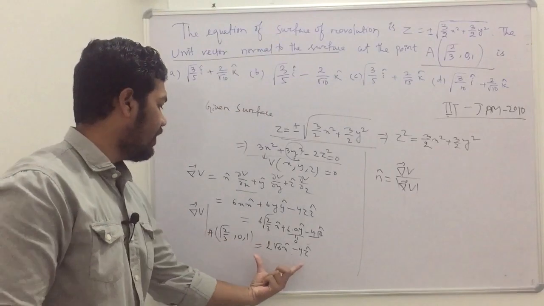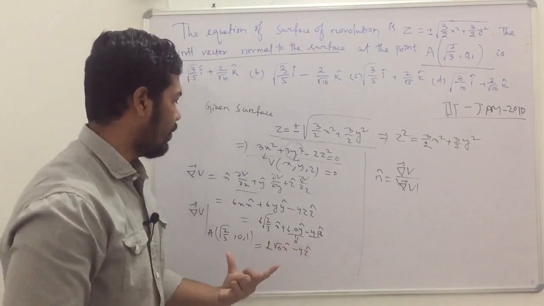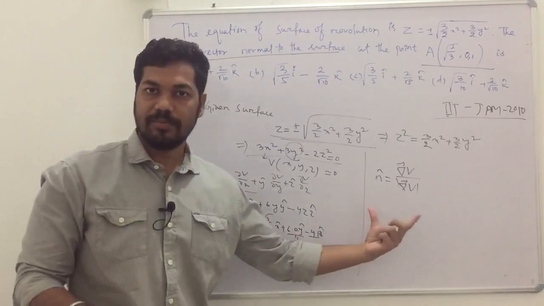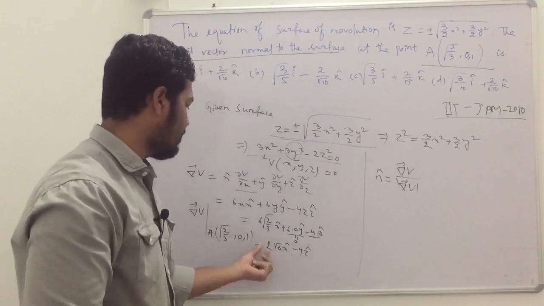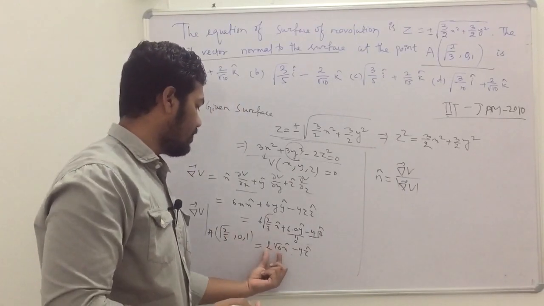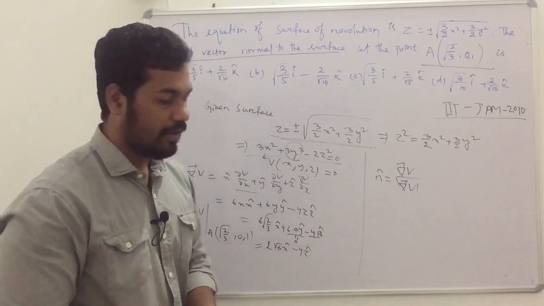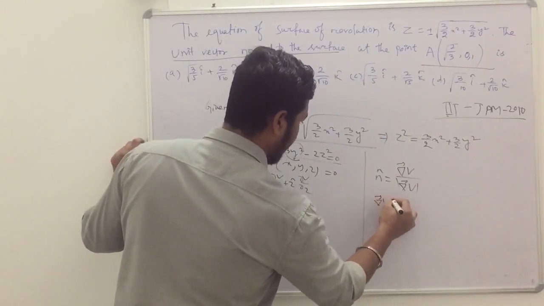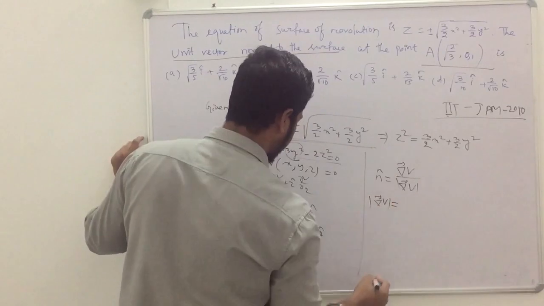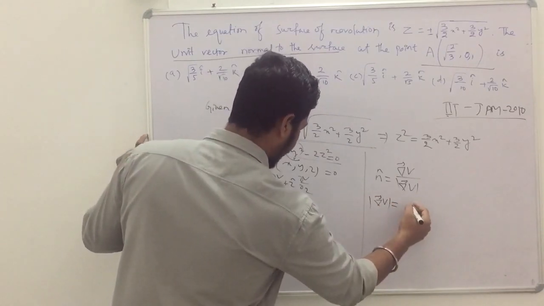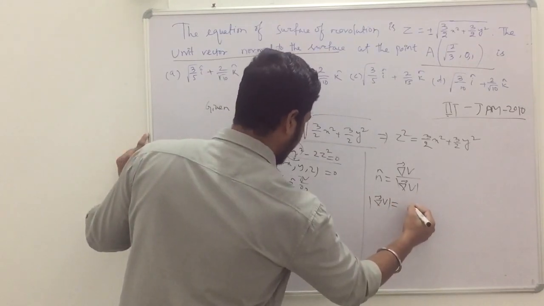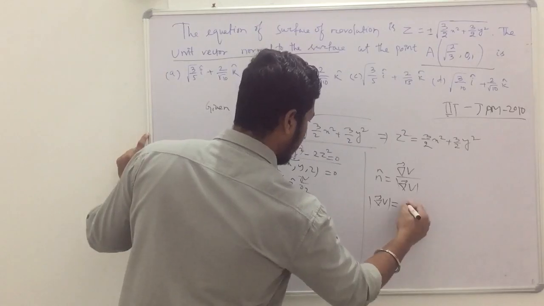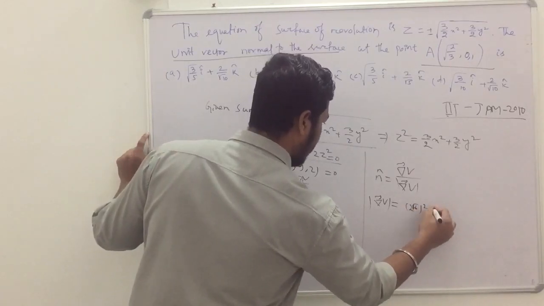You have already found the gradient of v, so you just have to find its modulus, which is very simple: square root of 2 root 6 whole square plus minus 4 whole square.